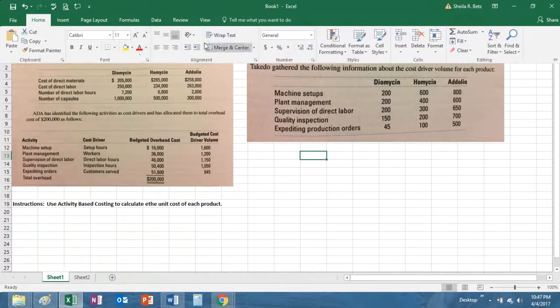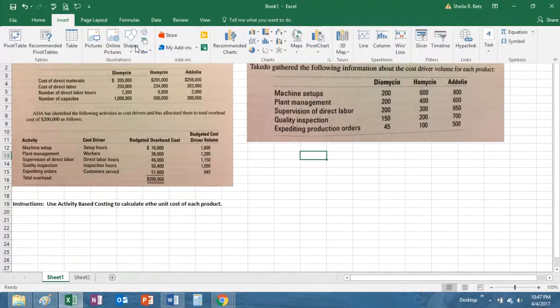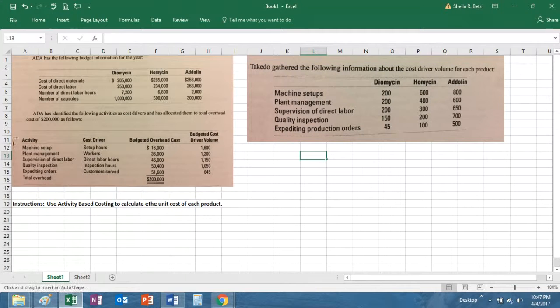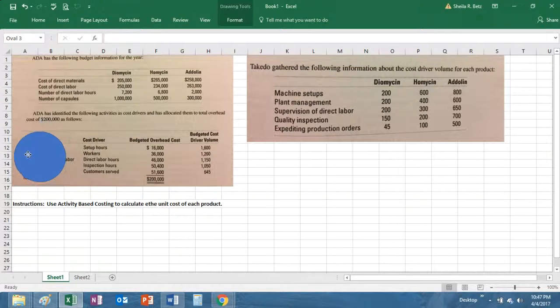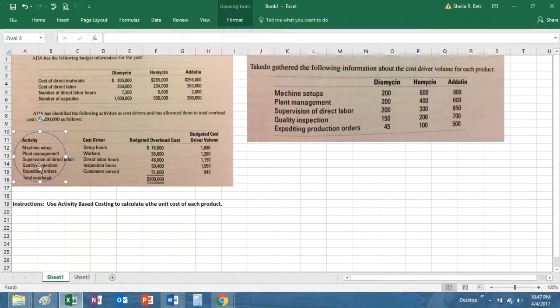Here in this problem, we have everything from machine setups to plant management, supervising of direct labor, quality inspection, and expediting orders. So this total overhead that was originally $200,000 has been broken down into 5 categories.